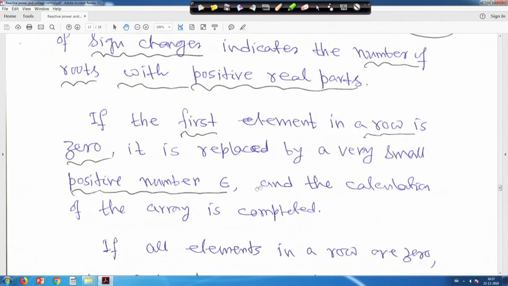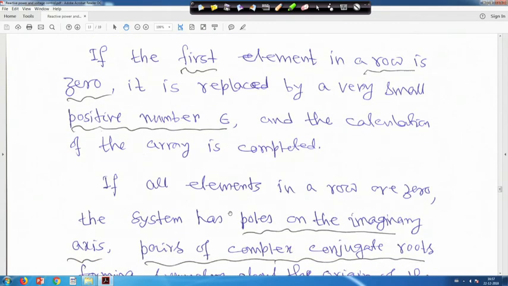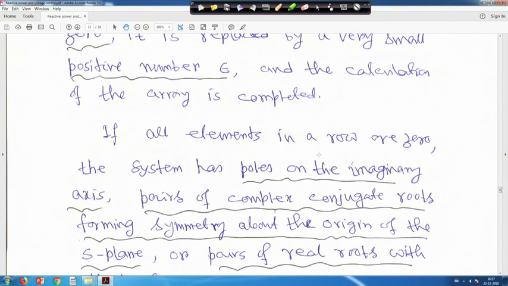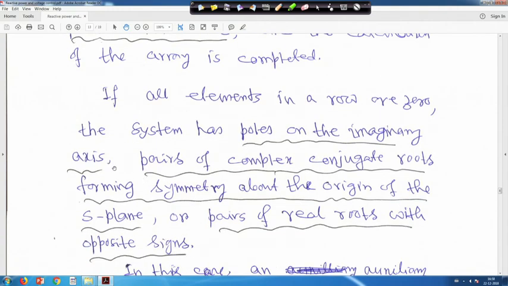If the first element in a row is 0, it is replaced by a very small positive number, say epsilon, and the calculation of the array is completed. If all elements in a row are 0, the system has poles on the imaginary axis: pairs of complex conjugate roots symmetric about the origin of the S plane, or pairs of real roots with opposite sign.